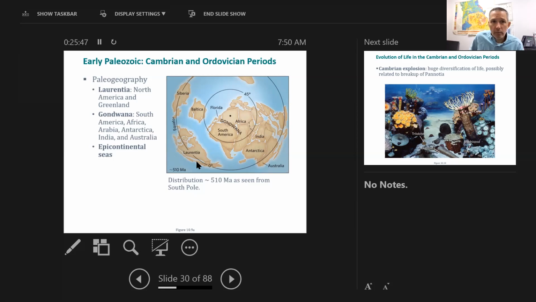We also had some internal seas in this region, epicontinental seas, these shallow seas that would move in for vast locations. I do want to point out that Florida is actually attached over here next to part of Africa, and you can see kind of the outline of where Africa eventually is going to look like, and South America.